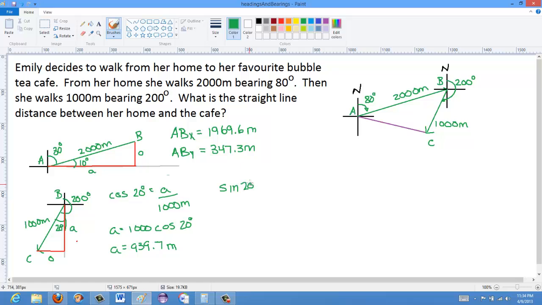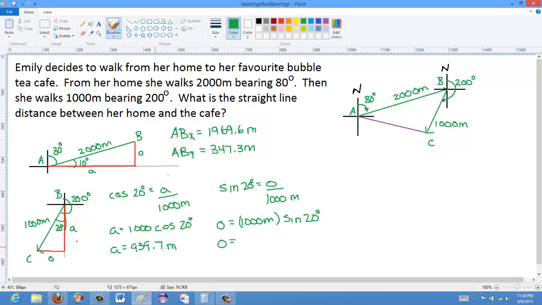The opposite can be found using sine. So sine of 20 degrees is equal to the opposite over the hypotenuse, which is 1,000 meters. And what I'll get is that the opposite is equal to 1,000 meters times sine of 20 degrees.